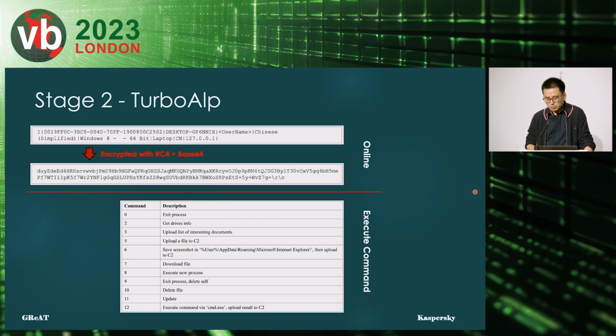The network data encryption method is RC4 plus Base64, with a hard-coded RC4 password, which is the same as the Pub Fantasy encryption algorithm. This table shows possible C2 commands and functions. It's supposed to get drive information, upload files, download files, execute a new process, and execute commands via CMD.